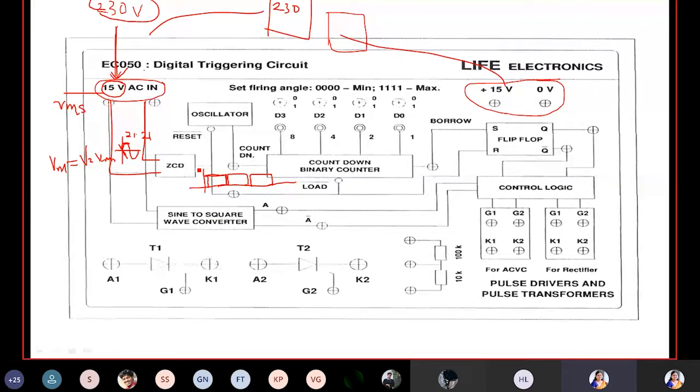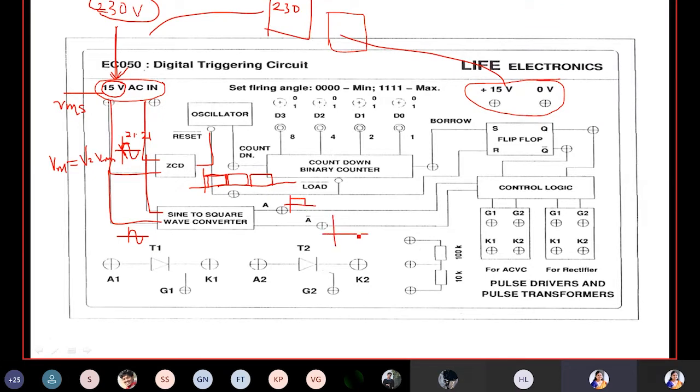Now this pulse is going to the reset button of oscillator. Now let's move to other part here. The same supply is given to sine to square wave converter. We have sinusoidal signal here. It has two outputs. Sine wave A indicates during your positive half cycle, this part is converted to square and it will appear here.